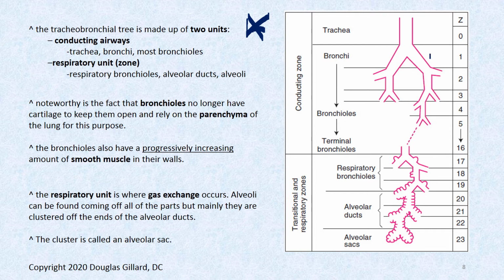No gas exchange occurs here. But once you get down into these last 17 through 20, or really there's 3 main parts, this is called the respiratory zone or the respiratory unit, because this is where gas exchange occurs.